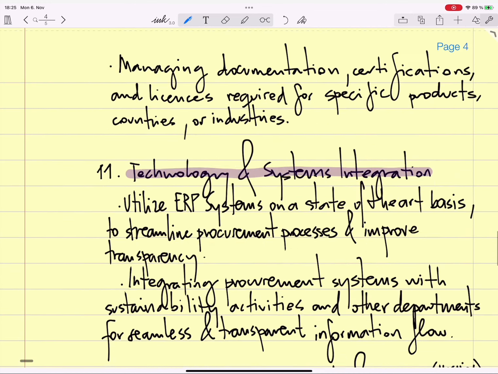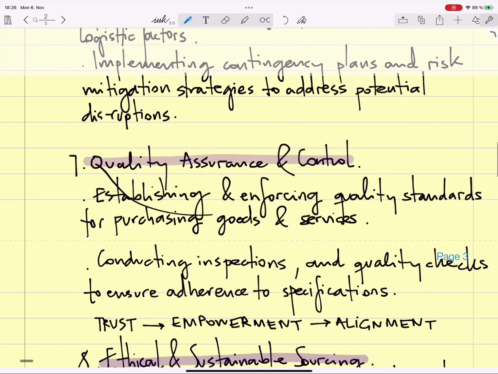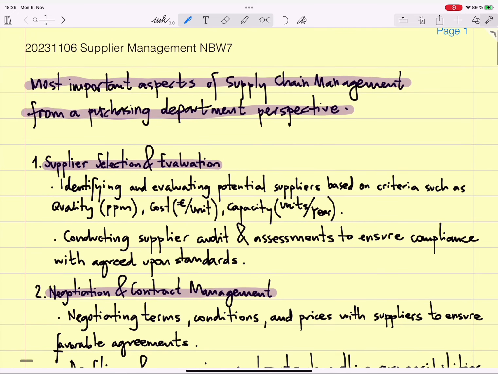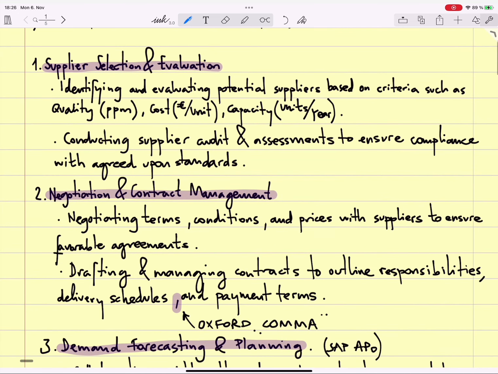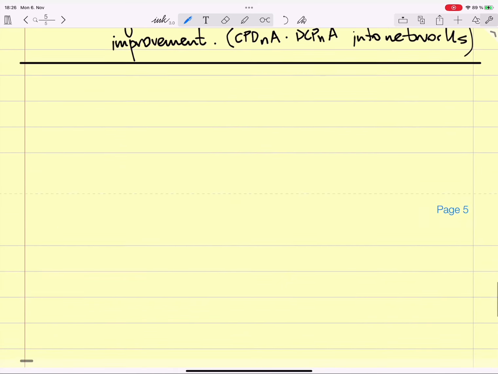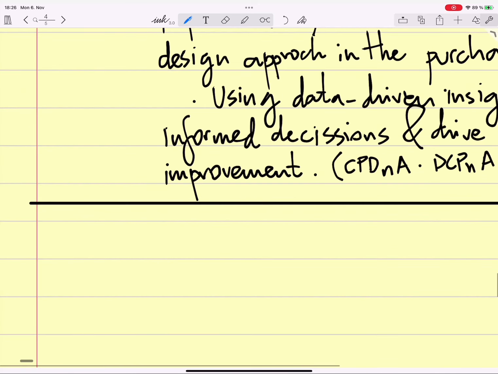Okay. So now we go to number 1, supplier selection and evaluation. And we continue from there, okay? So 1.1.